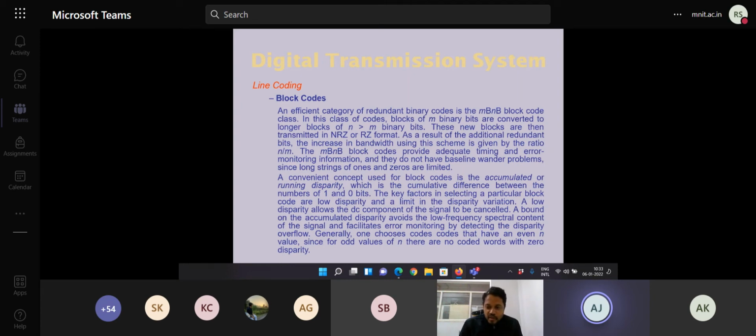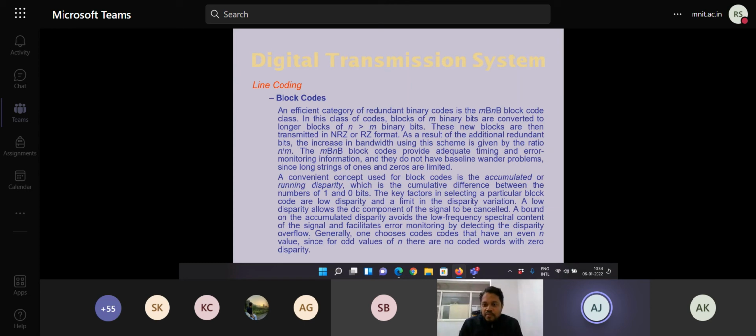If the number is odd, you insert one more parity bit, which would be 1, to make the total number of ones even. If the number is already even, then the parity bit added would be 0.